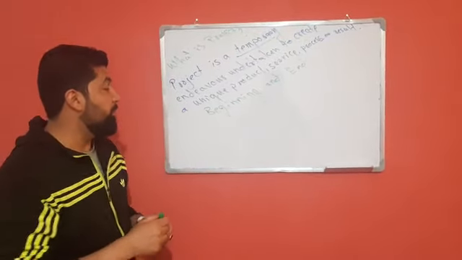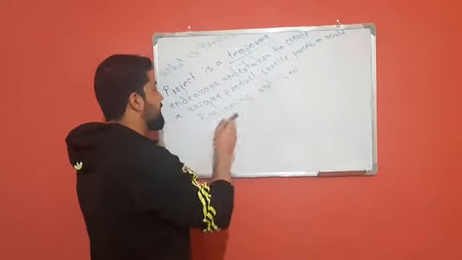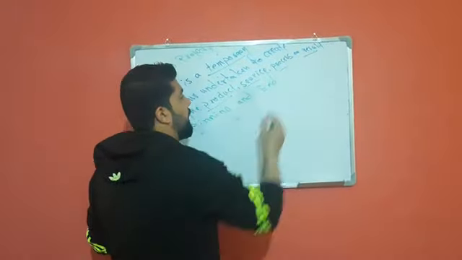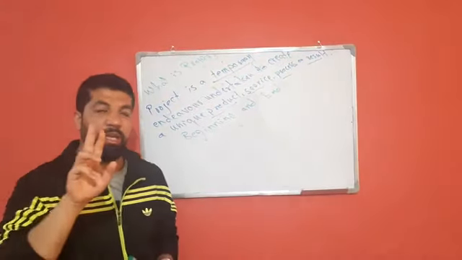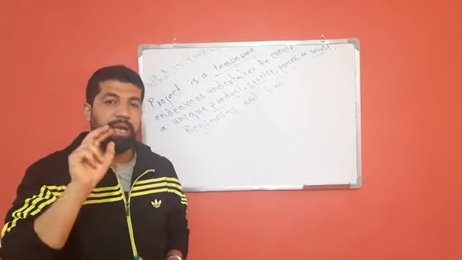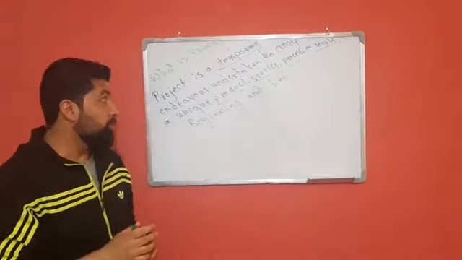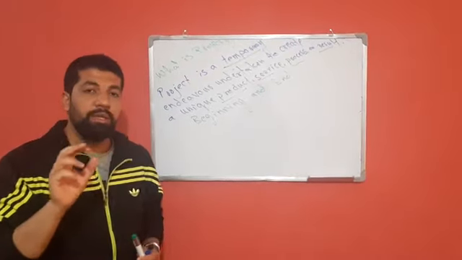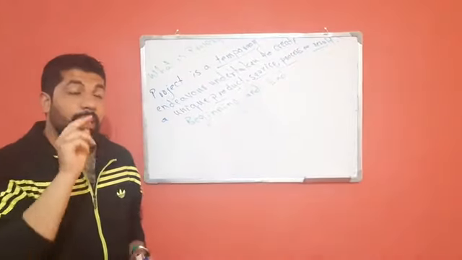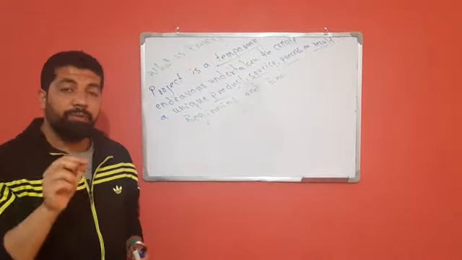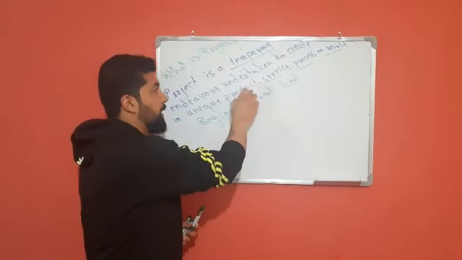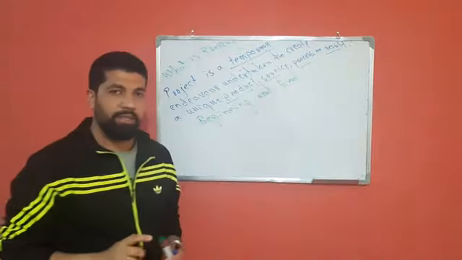The purpose of the project can be to create a unique product, service, process, or a result. So now we understand from this definition that a project has two main points. The first point is that a project starts with a defined beginning and ends with a defined end. And the second is that every project has a purpose. The purpose can be to create a product, service, process, or a result.